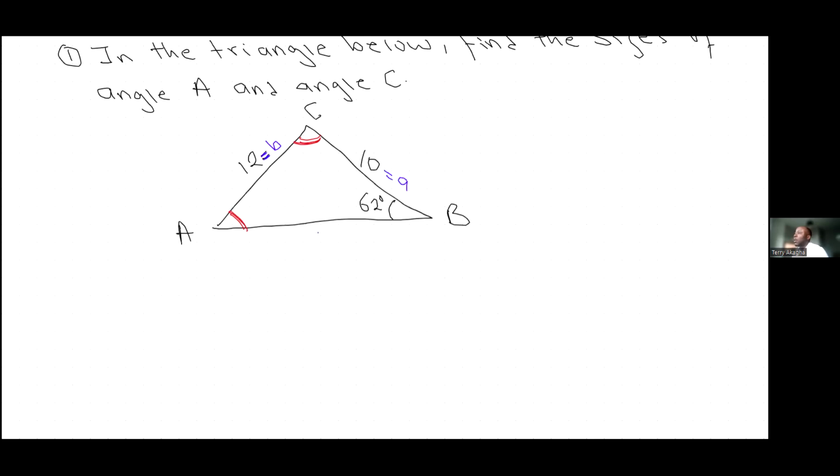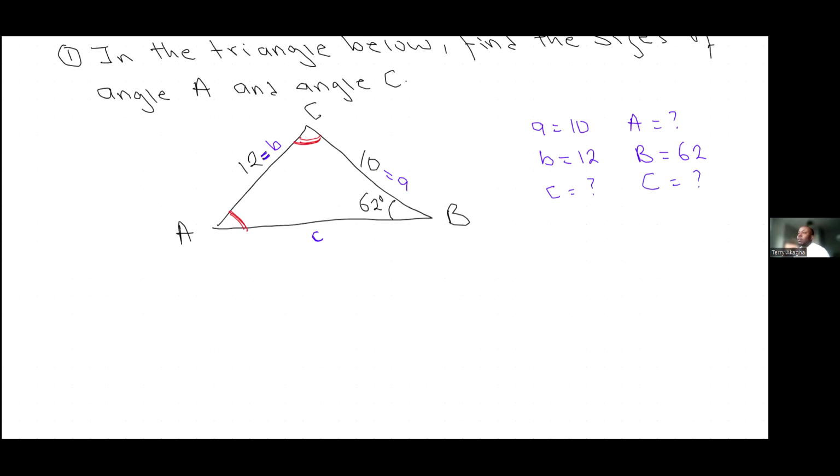So small letter a is equal to 10, while the angle A, we don't know. Small letter b is equal to 12, and the angle B, we're told, was 62 degrees. Small letter c, we don't know what that is, and capital letter C, we don't have that as well.